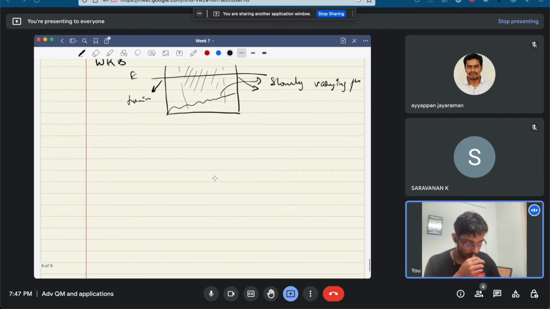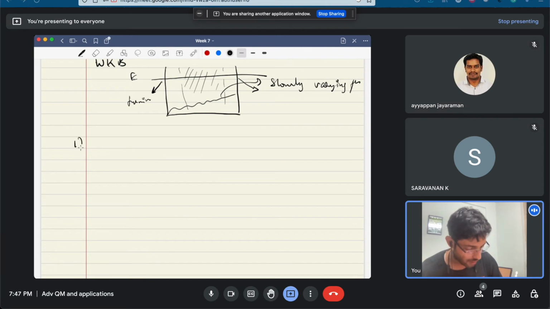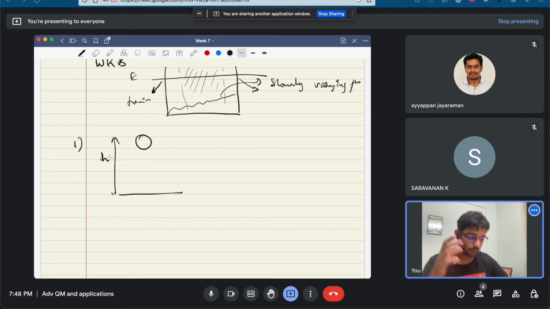So we are going to take on some problems which you can actually imagine in a real world scenario. For example, bouncing off a ball. Okay, so let's say you keep the ball at a height h. So let's say it's a quantum ball, we go into the quantum world, and this is an infinite potential well.